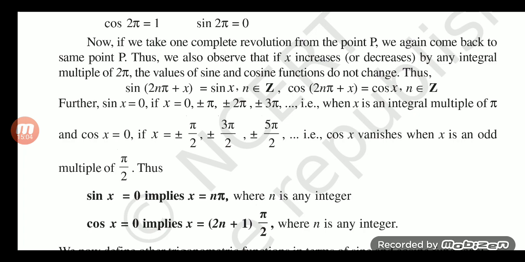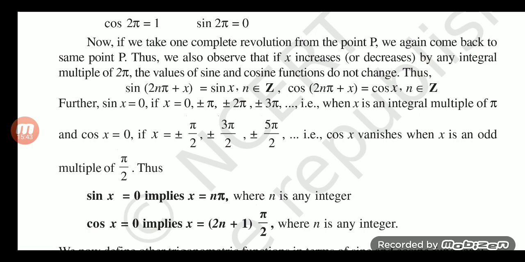That is any integral odd multiple of pi by 2, excluding 0. Any odd number, right? Multiple of pi by 2 including plus and minus. That is it, what we are learning, right?